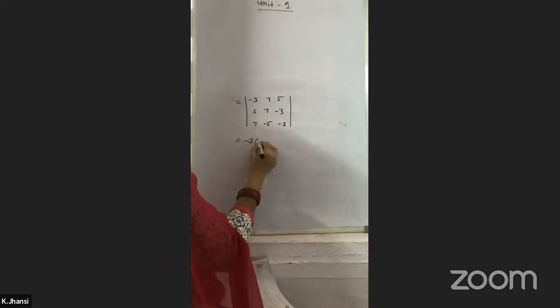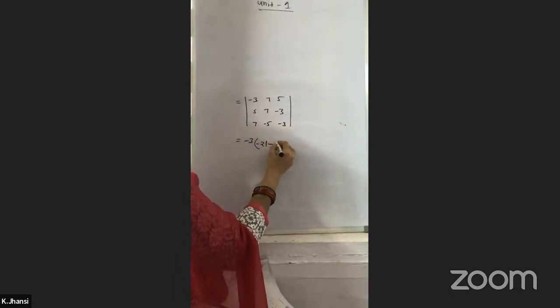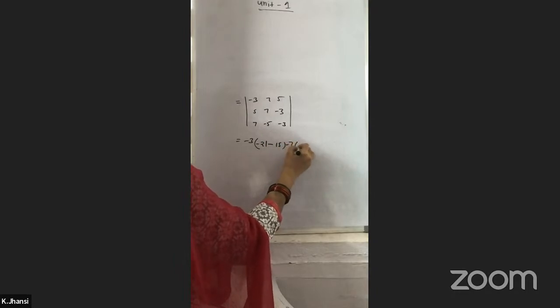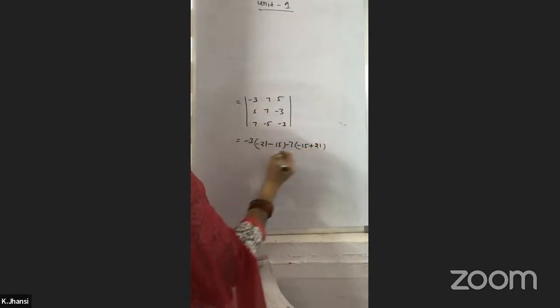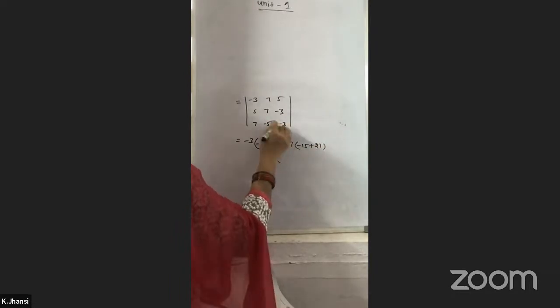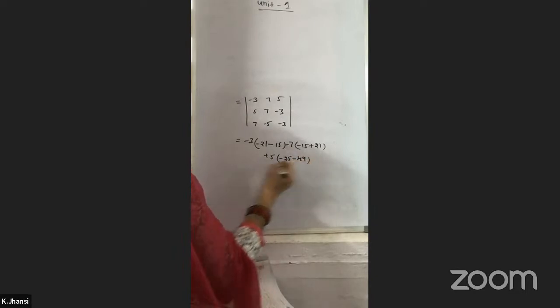-3 into -21. Minus into minus plus again minus, so 5 is 15, minus 7 into 5 is minus 15 plus 21, plus 5 into 5 is minus 25, minus 7 sevens 49.